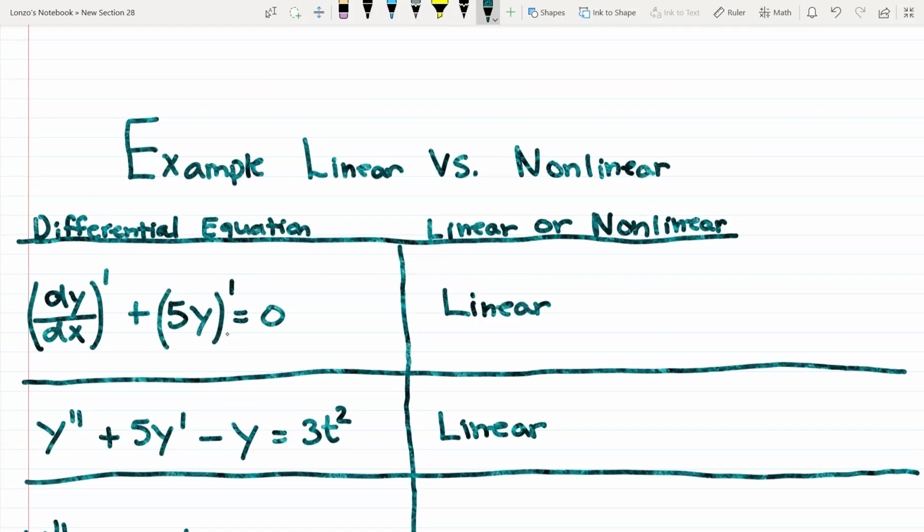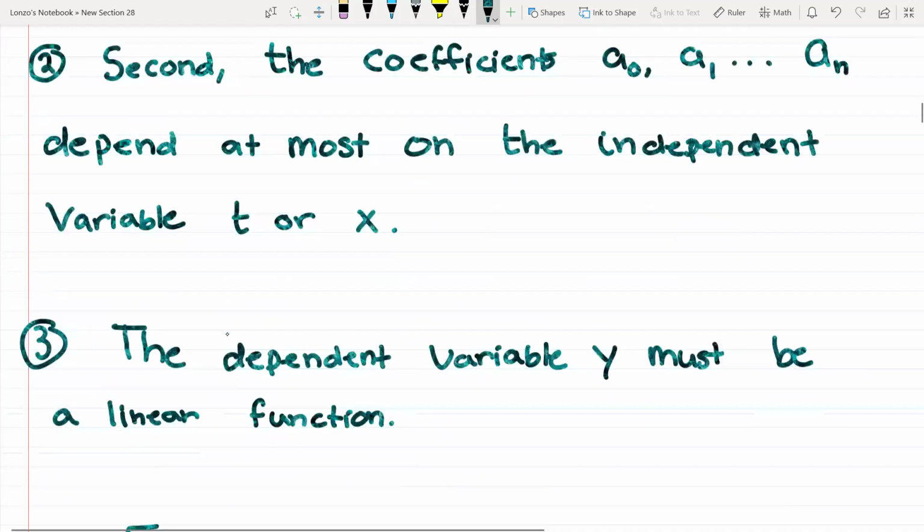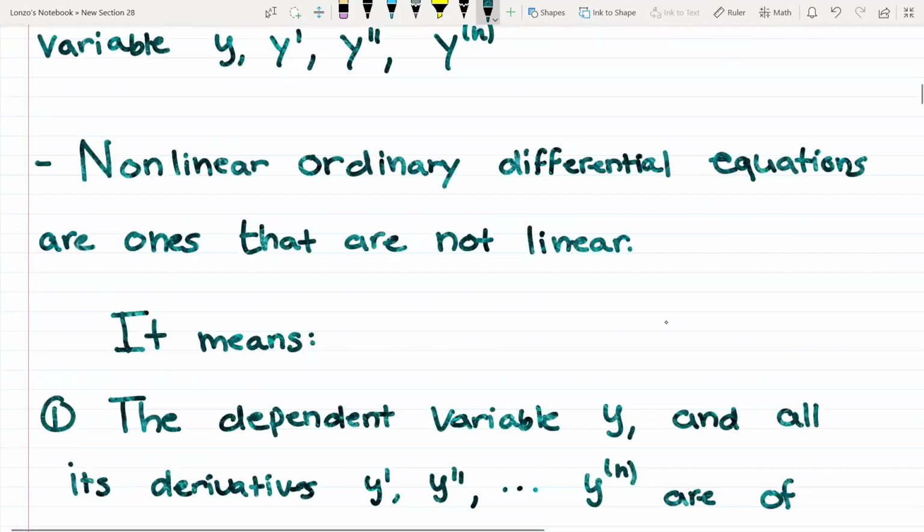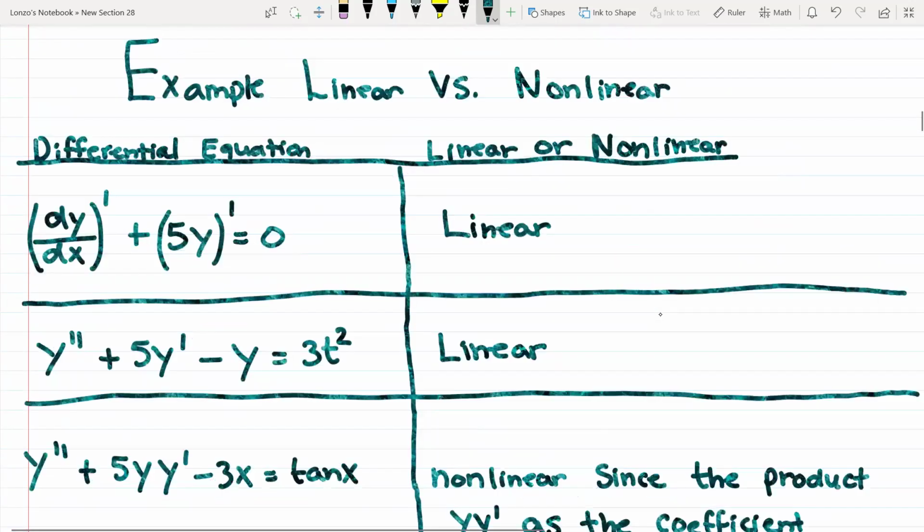Now this one can be anything. Yes, it can be equal to a constant. See how it says equal to 0? It could equal a constant. So that's fine.